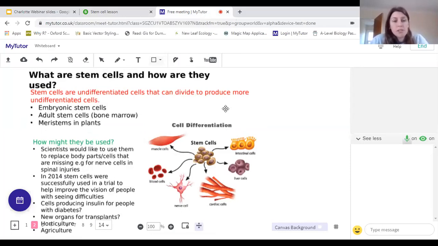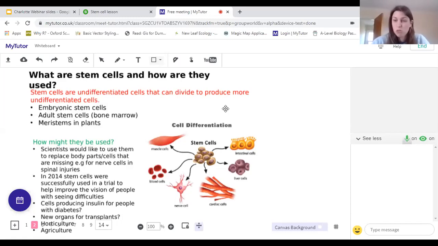So stem cells are undifferentiated cells that can divide to produce more undifferentiated cells. So last time we talked about differentiation of cells into specialized cells. So it's when cells go from a stem cell to turning their genes on and off, which allows them to differentiate into specialized cells that perform a particular function.